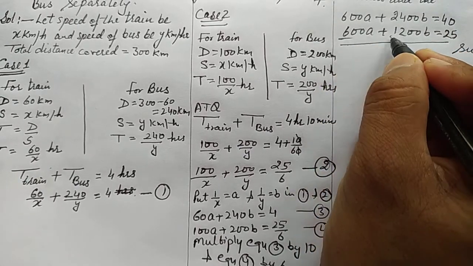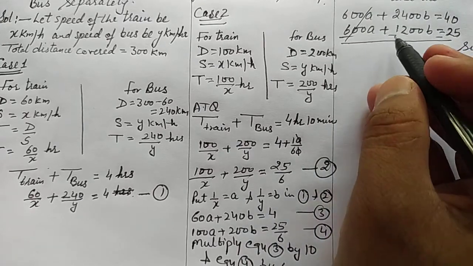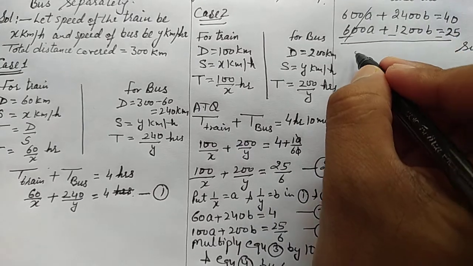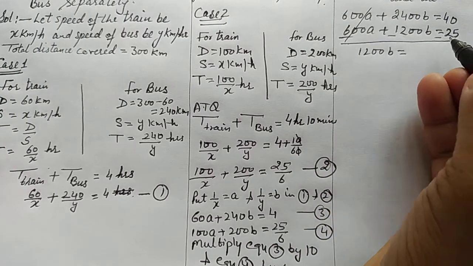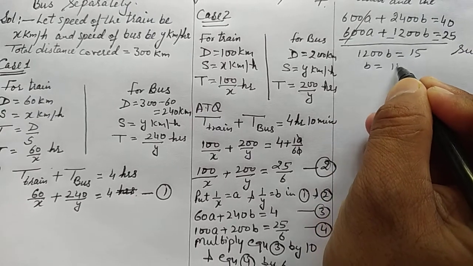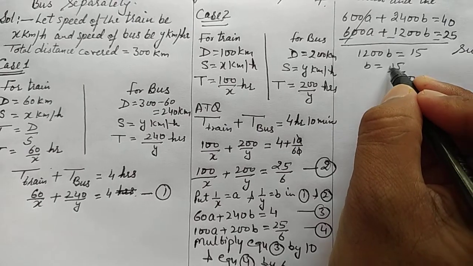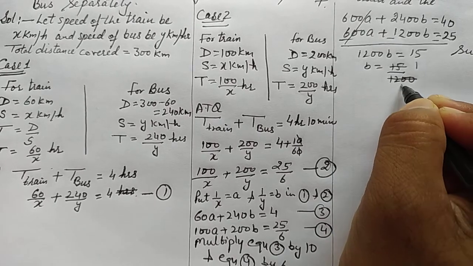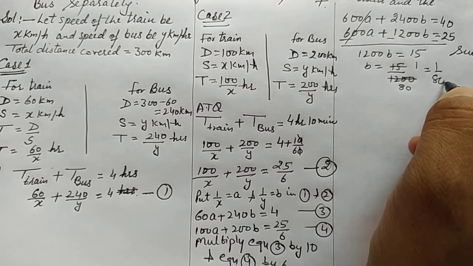So minus, minus and minus, so this will be cancelled. So it becomes here 2400 minus 1200, that is 1200b is equal to 40 minus 25 is 15. So b will be 15 over 1200. So we can cancel this, 15 ones are 15, 8s are 120, so one more 0. So b is 1 by 80 here.